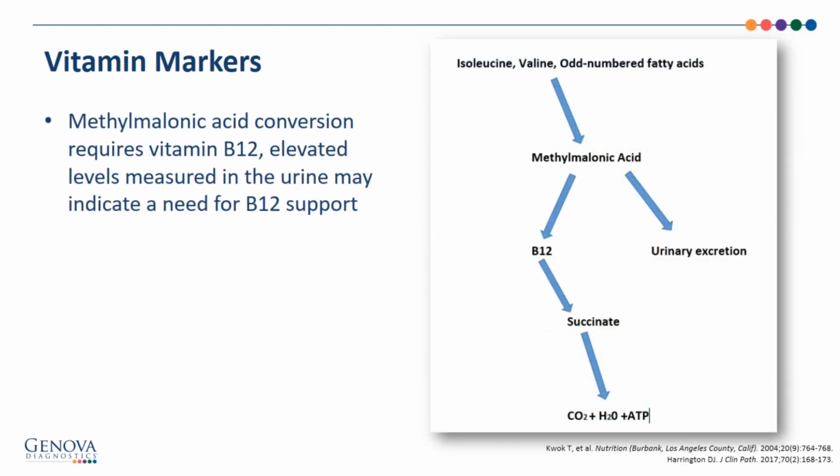When we look at specific elevations of organic acids, they provide insight into what specific nutrient cofactor may be required. Methylmalonic acid conversion requires vitamin B12. Elevated levels of methylmalonic acid in the urine tell us that we need more B12 functionally to better break methylmalonic acid down.